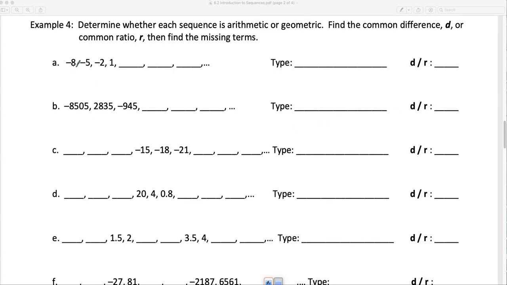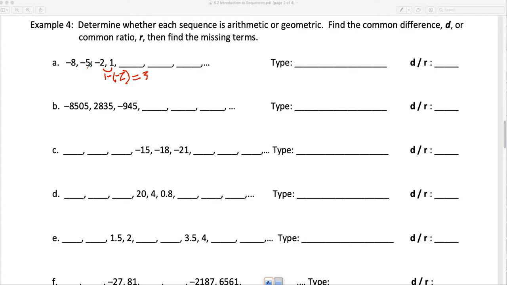All right, -8, -5, -2, and 1. It's not doing it really fast, so we're going to go ahead and test to make sure that it's arithmetic. So I've got, going backwards, 1 minus -2, and that gives me a 3.